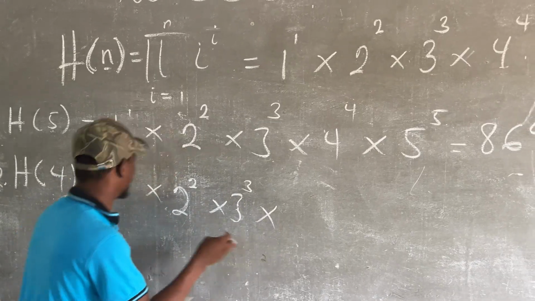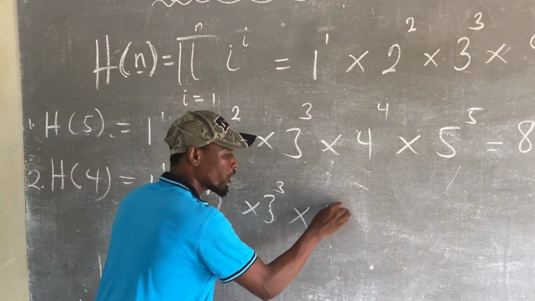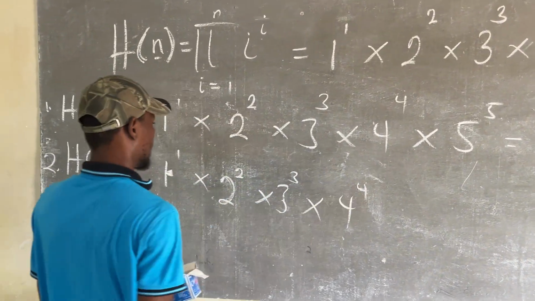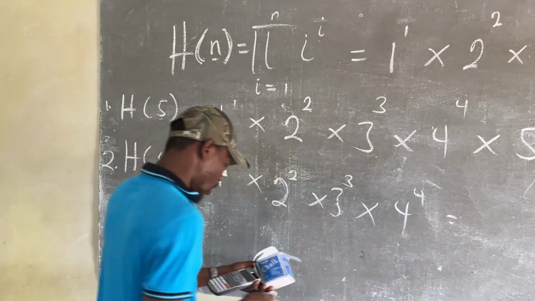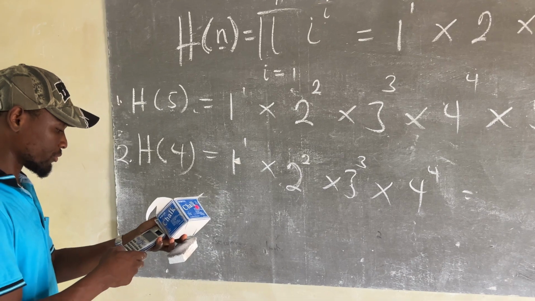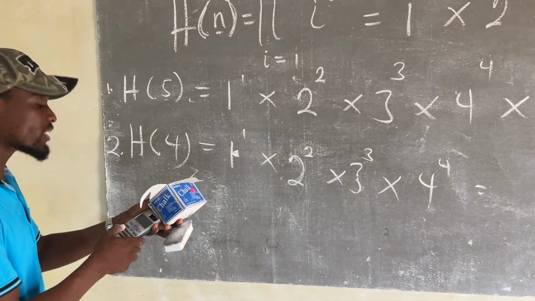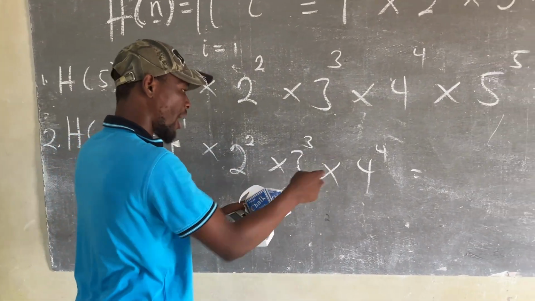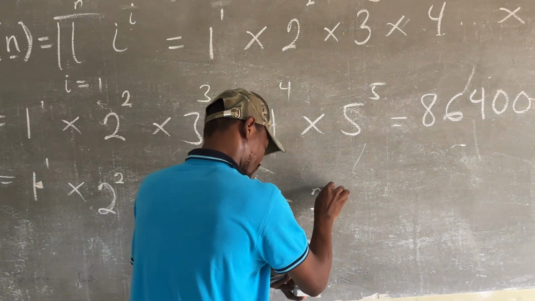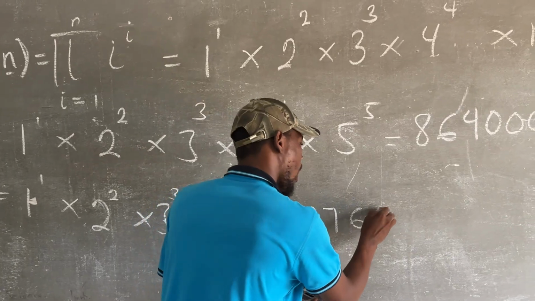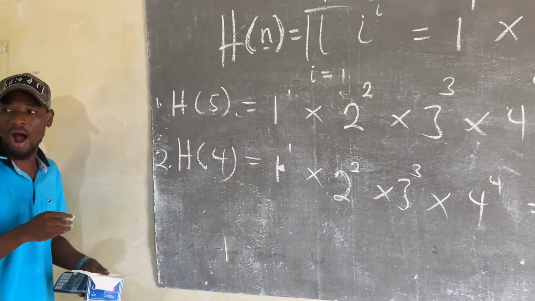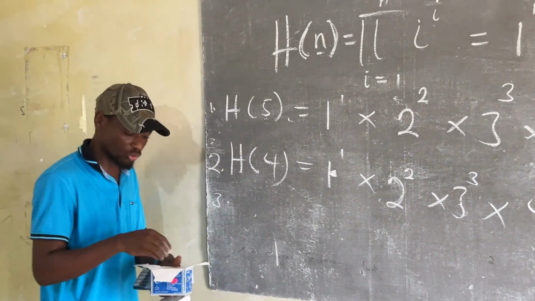Then times 4 raised to its own self, which is the power 4. With the help of the calculator, we have 2 raised to the power 2 by 3 raised to the power 3 by 4 raised to the power 4, and we are getting 27648.